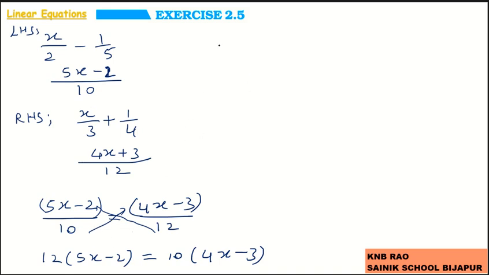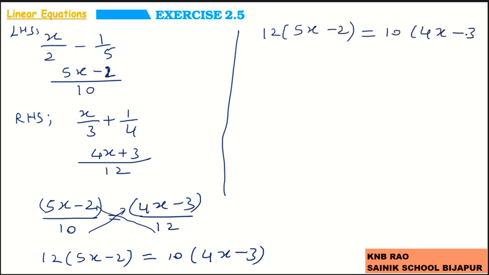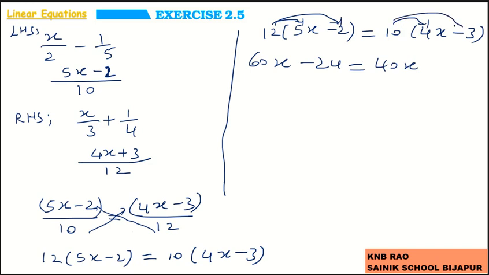Now further it is simplified by the same distributive property. 12 times of 5x minus 2 equals 10 times of 4x minus 3. So 12 5s are 60x, 12 minus 2s are minus 24, 10 4s are 40x, 10 minus 3s are minus 30.